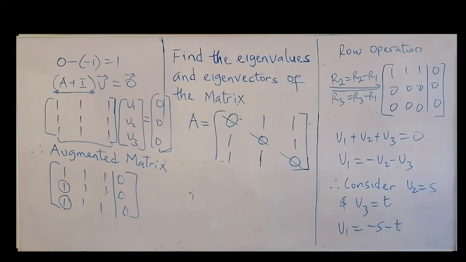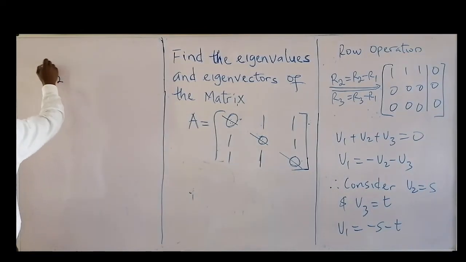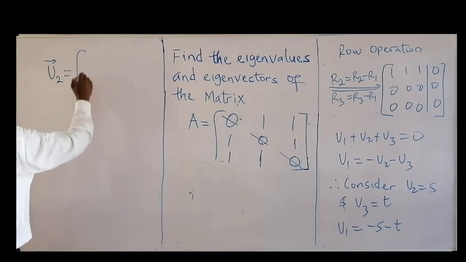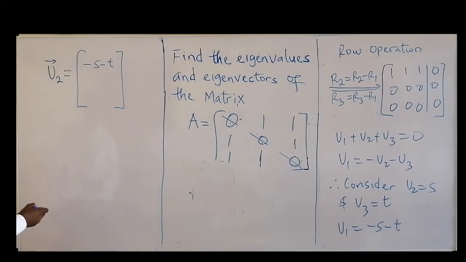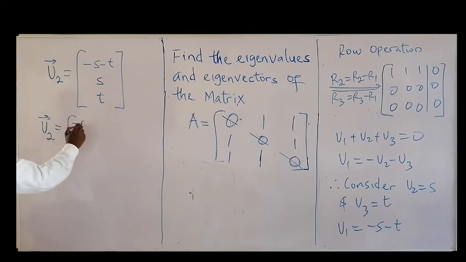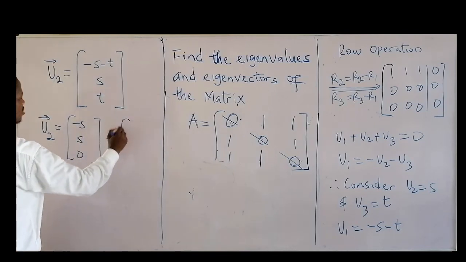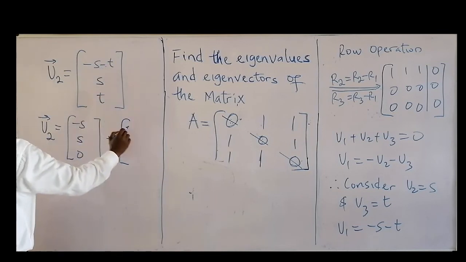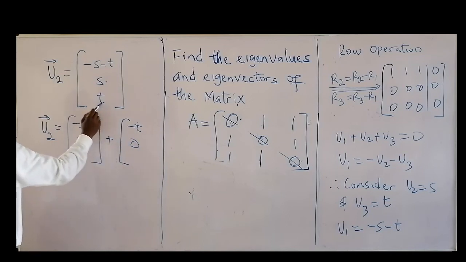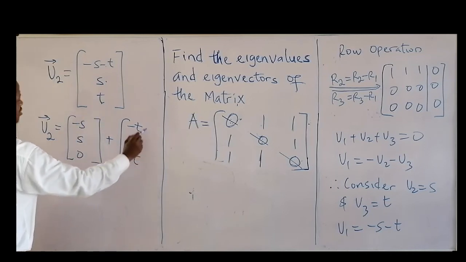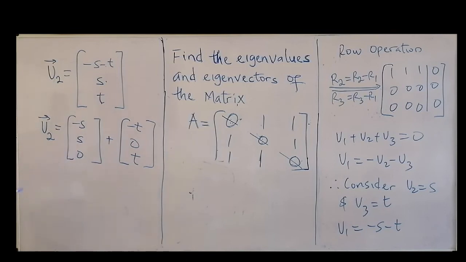In that case, U1 is equal to minus X minus T. The second eigenvector is now U1 is minus X minus T, U2 is X, U3 is T. We can segment it into 2 parts: minus X, X and 0, plus minus T, 0, T. So we have done the segmentation of that equation.